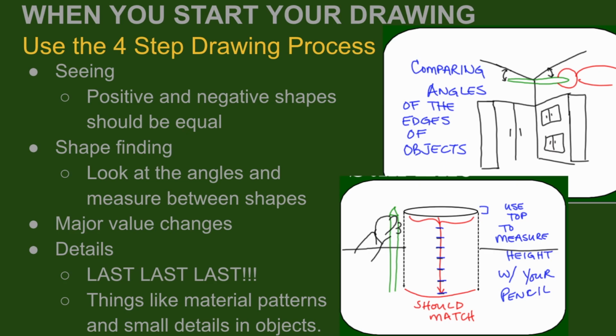But as you are doing that, you need to compare angles and ratios, and you need to measure the different objects in order to draw objects realistically as they appear in space, the correct proportion. The third step, again, is those major value changes. That's going to be the bulk of what you're doing for this assignment, and then details should be last. So anything like pattern in the material or highlights in any glasses or the shadows might be another thing that you add toward the end.